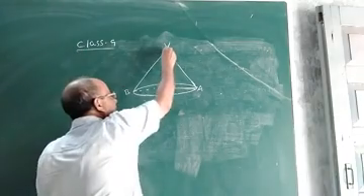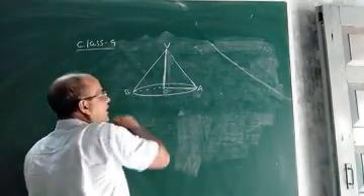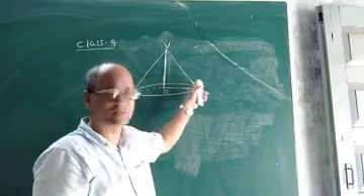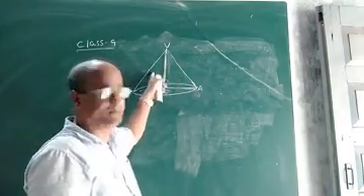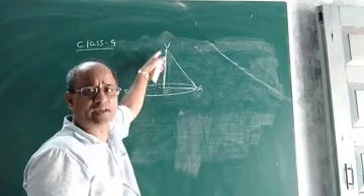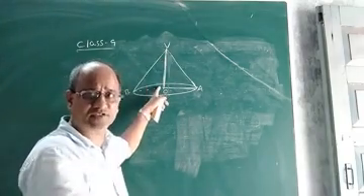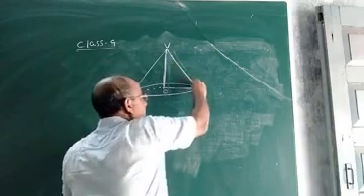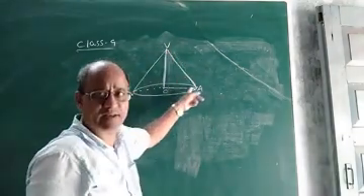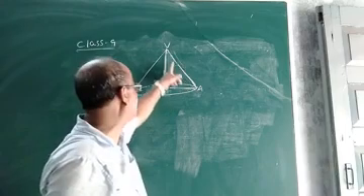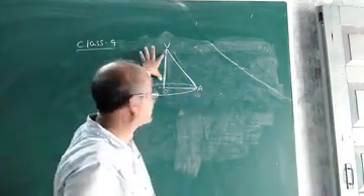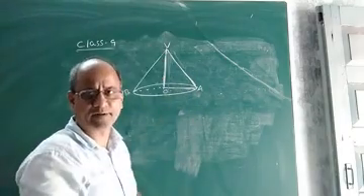About any one line, either the perpendicular or the base or the hypotenuse, if you fix this line, if you keep this line VO fixed, and if you revolve the side VA, that means the hypotenuse of the right triangle VOA, about this line, just imagine what will happen.